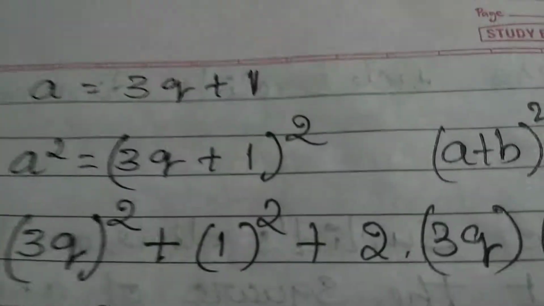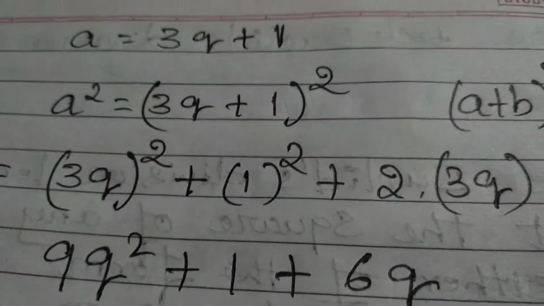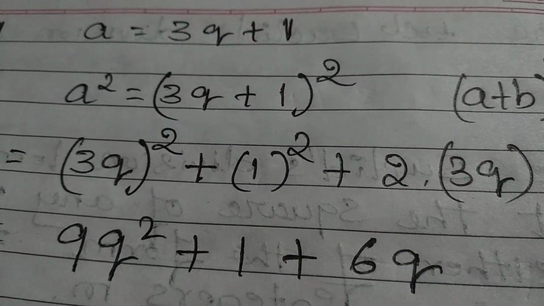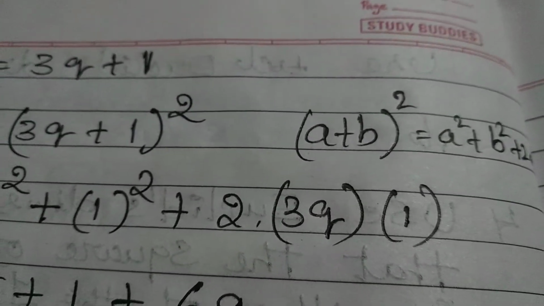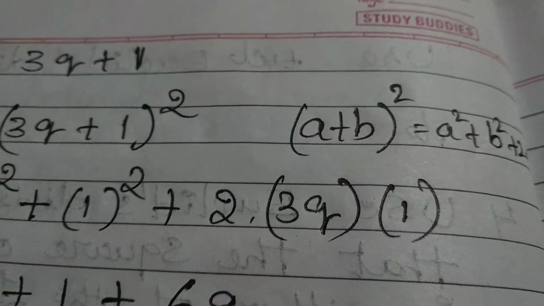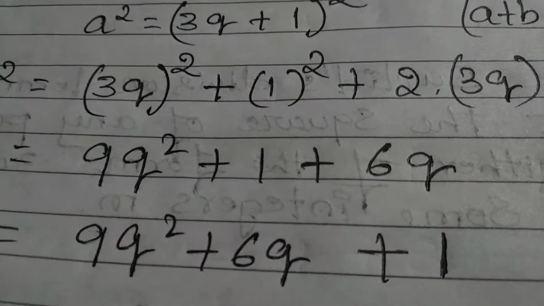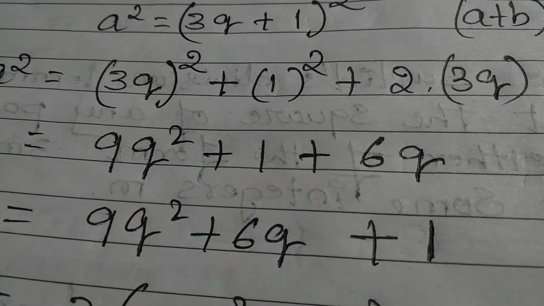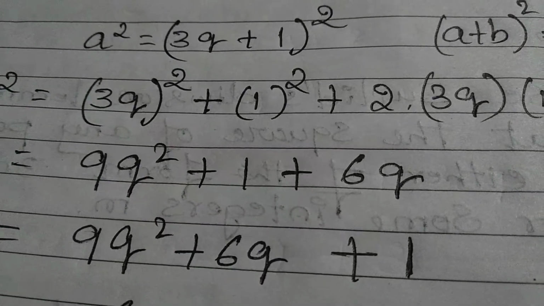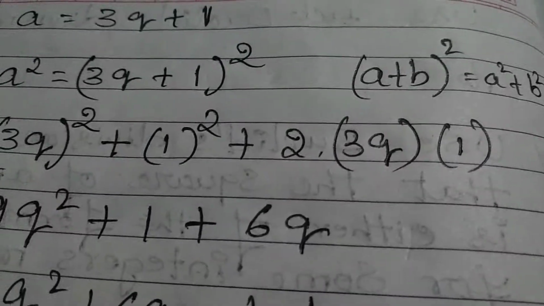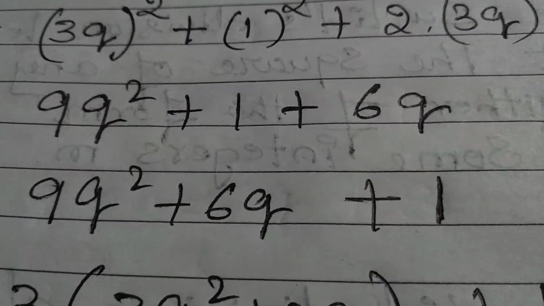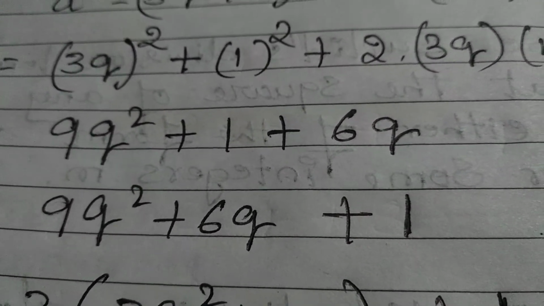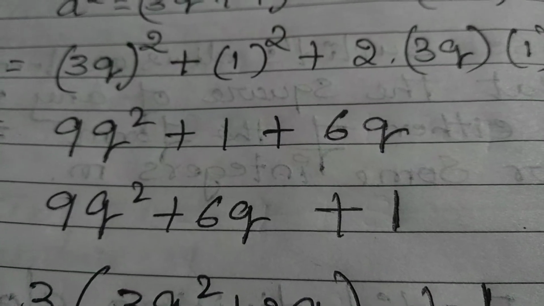Apply the formula: 3q whole square plus 1 square plus 2 into 3q into 1. Simplify it. 3 3s are 9q square, plus 1 square means 1, plus 2 3s are 6q. Now it is not in order. Take this in order: 9q square plus 6q plus 1.